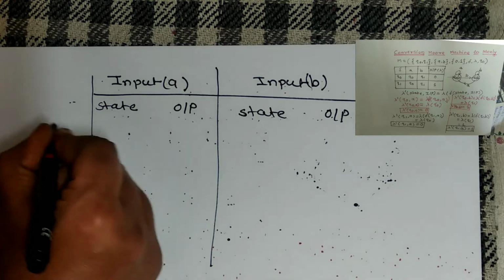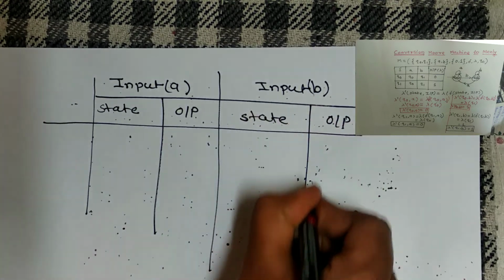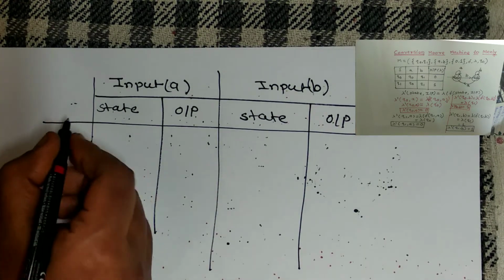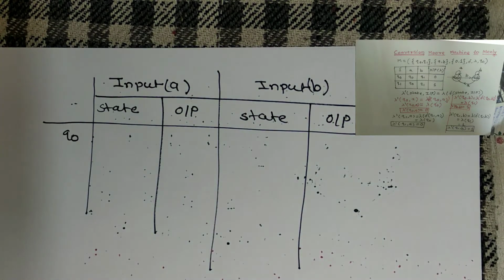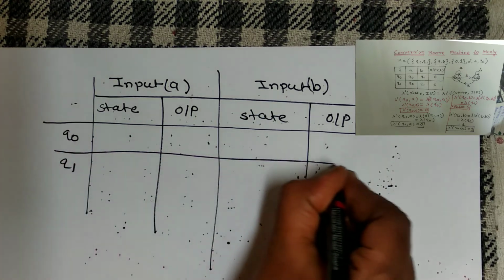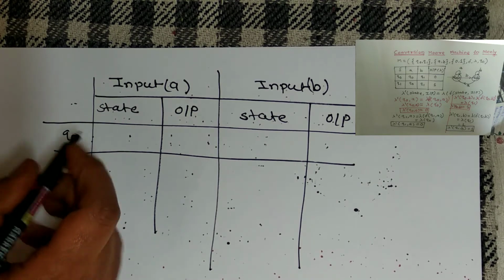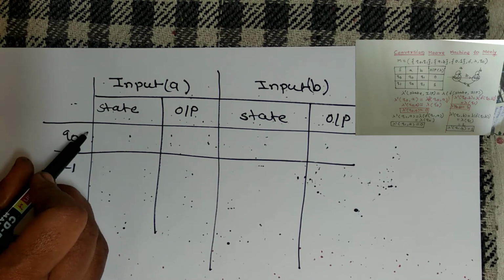So, Q0 and Q1, these two states are there. So, Q0 over the 0.